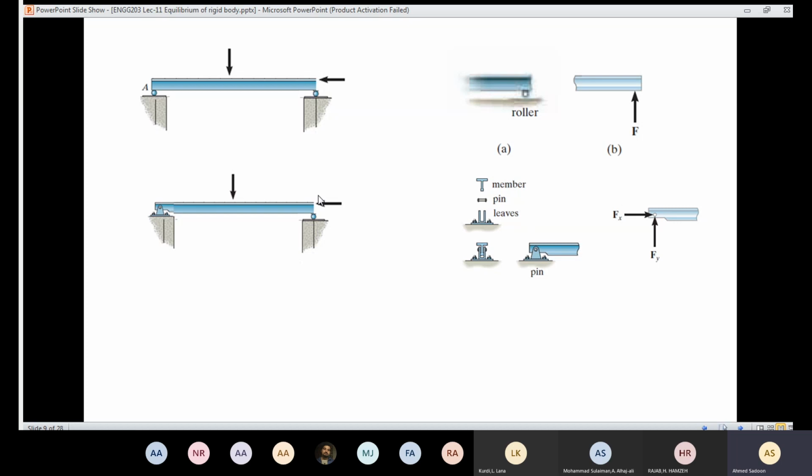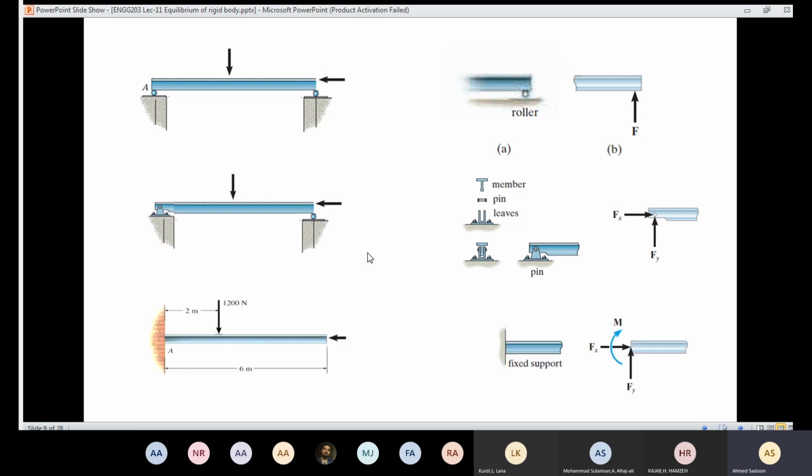And if I apply a force here, the pin is going to provide reaction opposite to that one to bring stability. So if you use a pin support, you are going to have reaction in X and reaction in Y. If you use a roller, you are going to have reaction only in Y, while in X the body is free to move along the X axis.